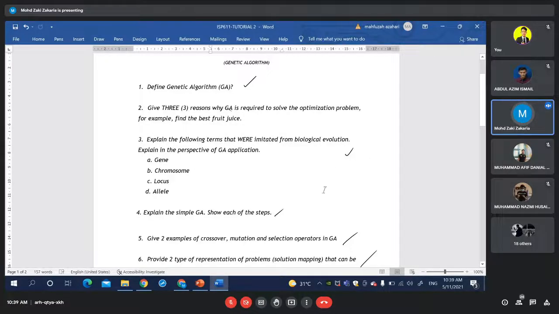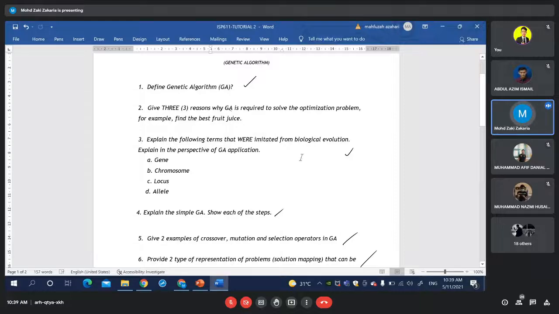But for question number 2, give 3 reasons why GA is required to solve an optimization problem. You can find in many articles the advantages of GA.